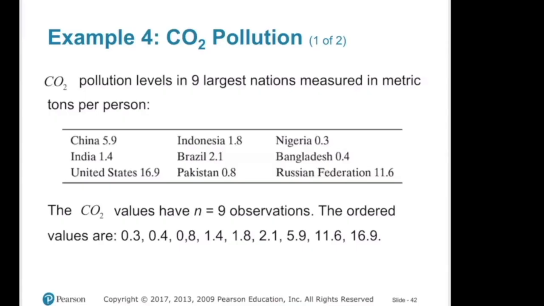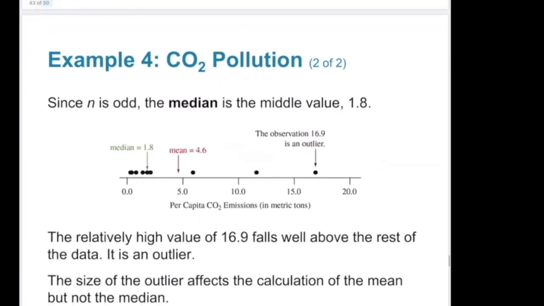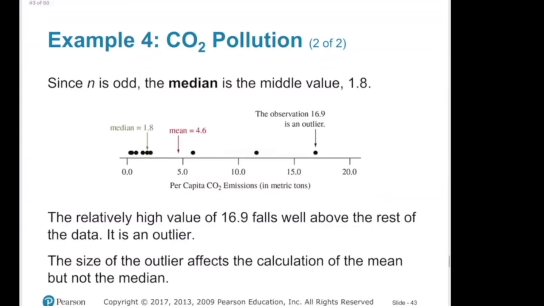As you can see here, we have 9 numbers, and if you put them in order, you can find 0.3 for Nigeria first, 0.4 for Bangladesh, and then 0.8, 1.4, and until 16.9. So put the data in order, and you can also put them on, as you can see here, what is this chart, if you remember? The dot plot, right? This is the dot plot, okay? You can put them on the dot plot as you can see here.